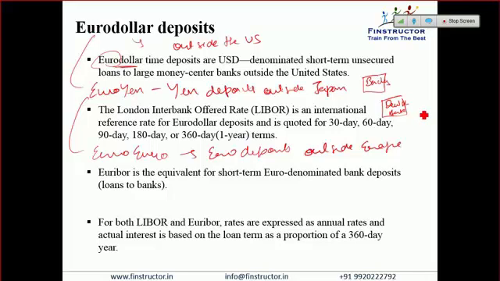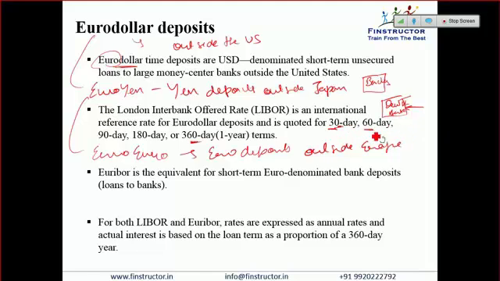So when Deutsche Bank receives a dollar deposit for, let's say, 30 days or 60 days or 1 year, then what is the rate of interest that Deutsche Bank is offering for accepting that dollar for a 30-day period?